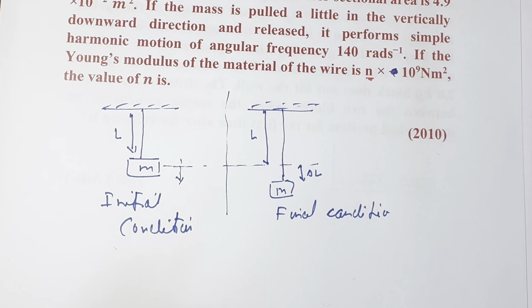So we start from Hooke's law, which says that the force for the stretched wire, if that is given as F, then F is equal to K multiplied by delta L. Here K is the spring constant equivalent to the wire.